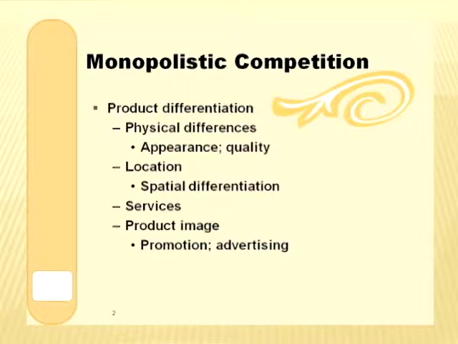They oftentimes also differentiate their product by providing different services. So we would anticipate seeing a whole different set of services at a department store than what we would see at a discount store. And so that difference in services makes them seem as if they're not the same product. They're products in different places, in terms of your thinking.